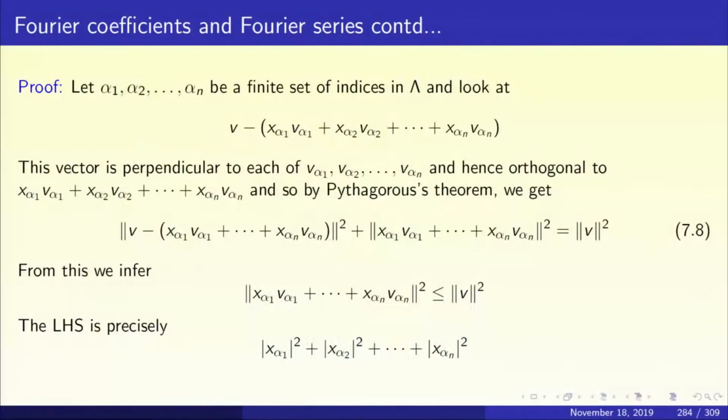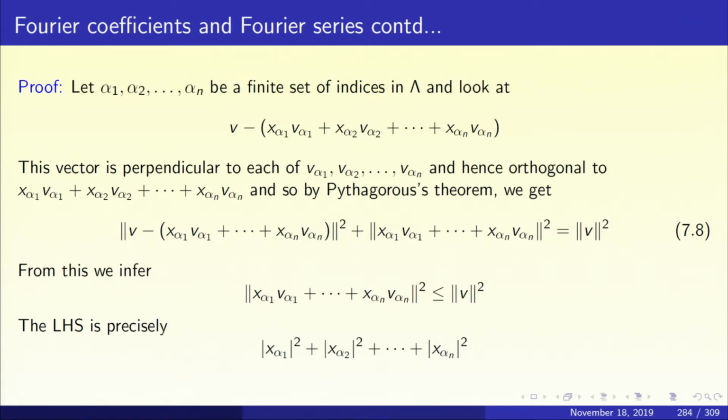plus x alpha n v alpha n. So, we must now apply the Pythagoras' theorem. Pythagoras' theorem will immediately give you this displayed equation 7.8 in the slide, namely the norm squared of v minus x alpha 1 v alpha 1 plus etc. plus x alpha n v alpha n, plus norm squared of x alpha 1 v alpha 1 plus etc. plus x alpha n v alpha n, equal to norm squared v.